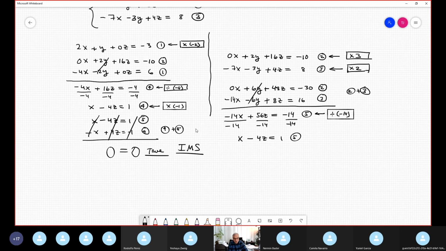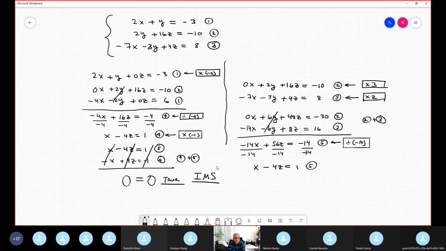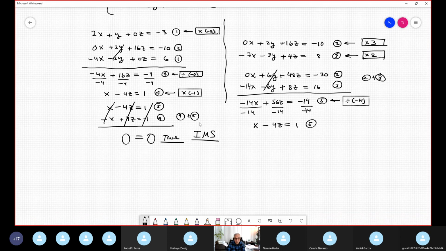Maybe the 3 planes have a line in common or a plane in common, so they are totally flat. No, totally flat no. It's one line in common, and the variable that disappears, which by the way is the y, is the variable that does not participate in the solution, and you declare it as free.